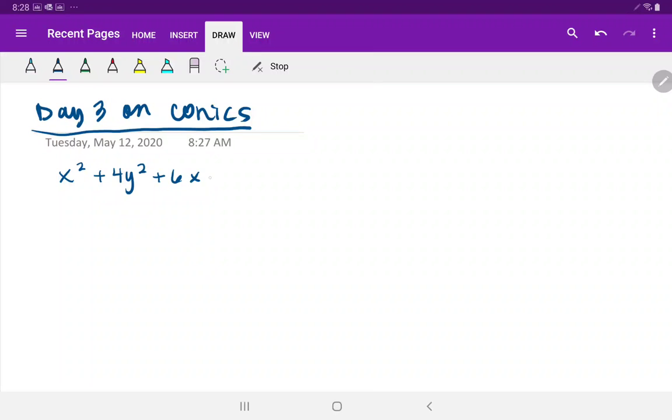So we're going to take an equation from general form like this. And then we're going to use completing the square to get it in a form that we can graph it. Okay, so that's our plan.